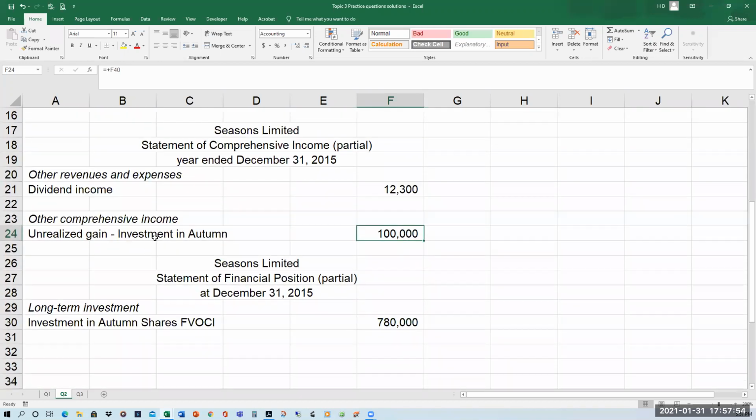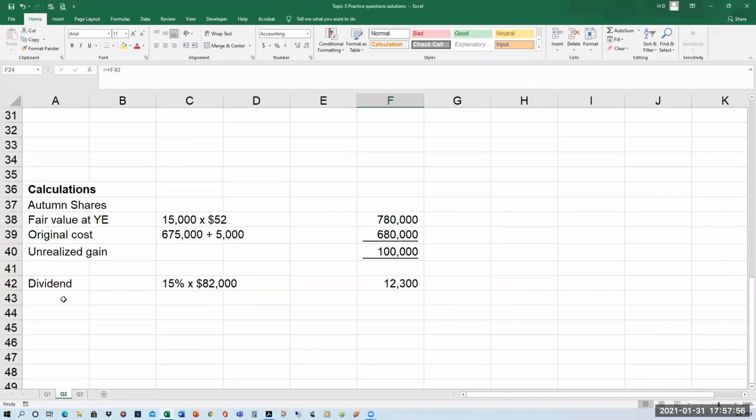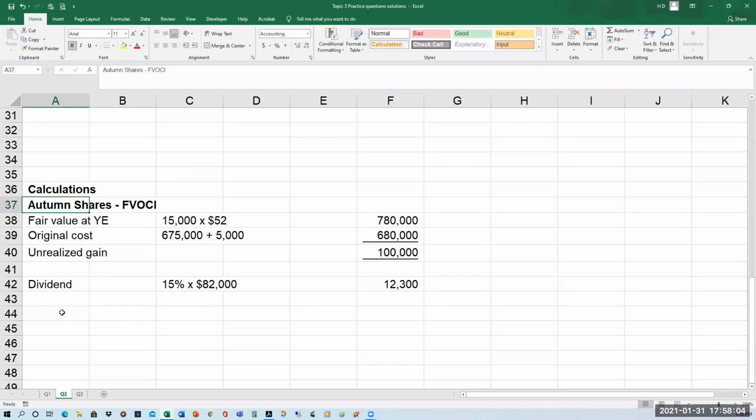Fantastic. So for fair value through profit or loss investments, companies can, if they want, report dividends separately, or they can just club them together with the other items and have a single line for investment income.